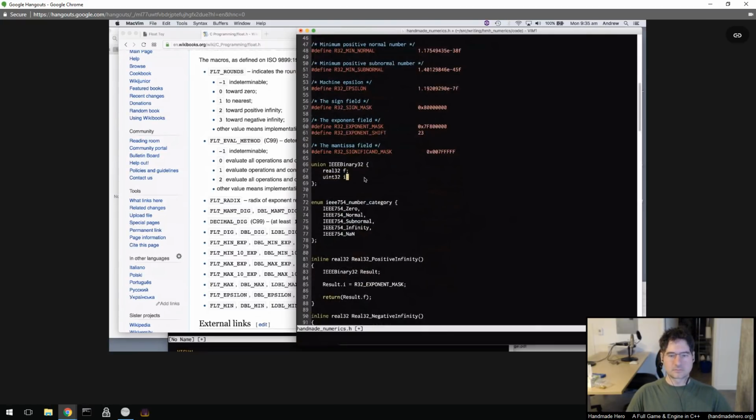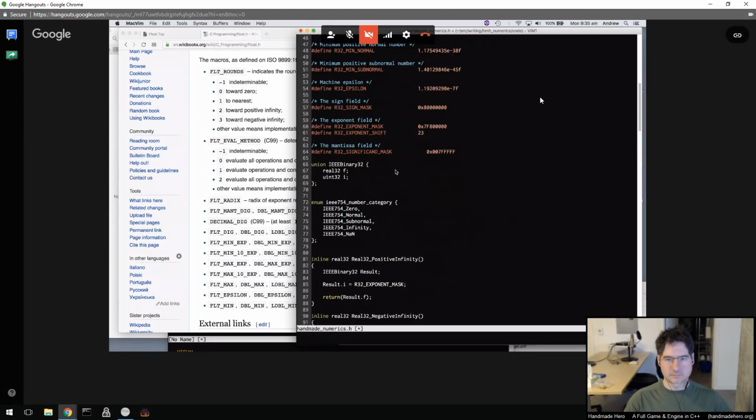You could do it with a union, you could do it with pointer hackery in C. Either way, I checked with a couple of compilers, and it does seem to compile this union away, which is what you want, because in modern Intel FPUs, in SSE, SSE2, what you have is a 128-bit register that you can fit 4 binary 32s in, 4 single precision floats, or 4 uint 32s.